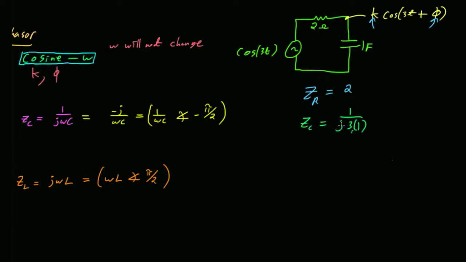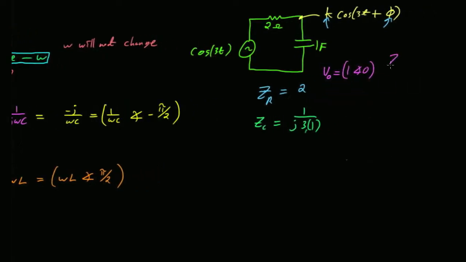We simply said that V out had to equal V in, and the phasor of V in was just 1 angle 0, times the impedance of the cap over the impedance of the resistor plus the impedance of the cap.